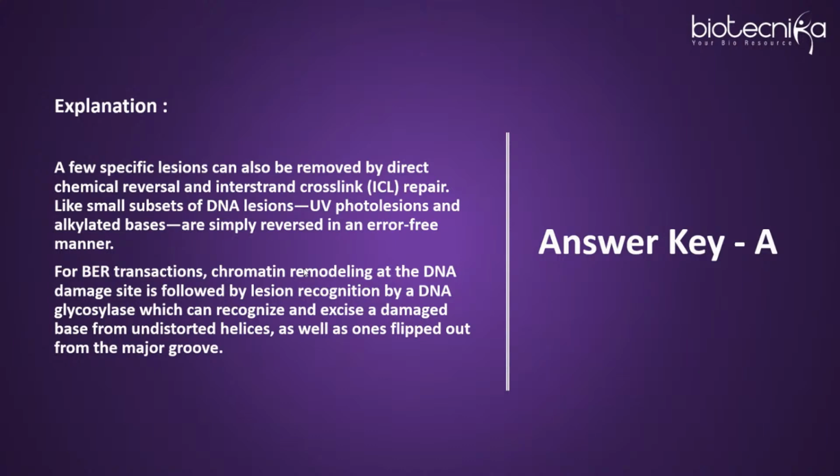For BER, that is base excision repair, chromatin remodeling at the DNA damage site is followed by lesion recognition by a DNA glycosylase. Here a DNA glycosylase enzyme is responsible, which excises the unwanted base from the DNA sequence. It can recognize and excise a damaged base from the undistorted helix, once flipped out from the major groove, right?